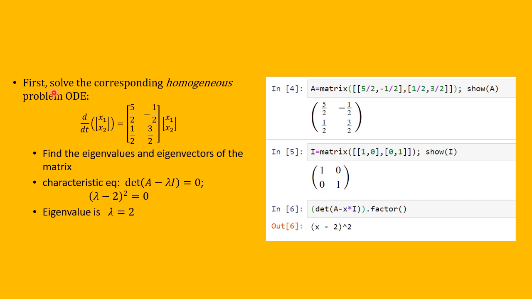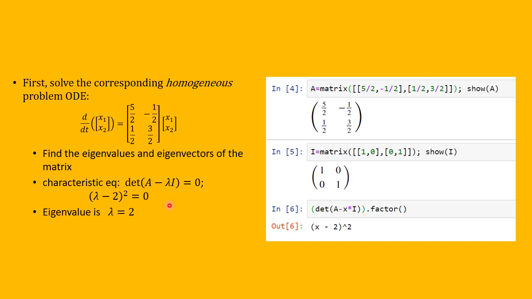So first we solve the corresponding homogeneous problem. The derivative of x equals this matrix, call it A, times the column vector x. Let's find the eigenvalues and eigenvectors of A. The characteristic equation is the determinant of A minus lambda I equals 0.